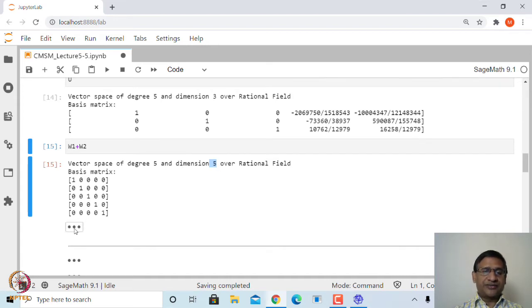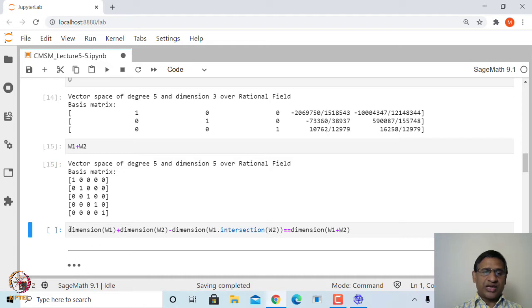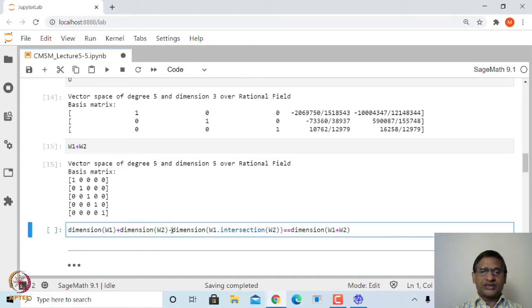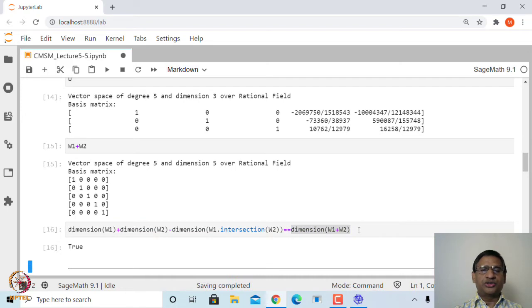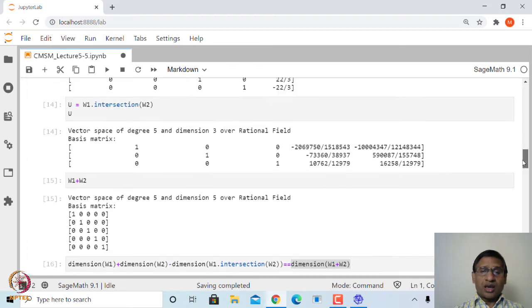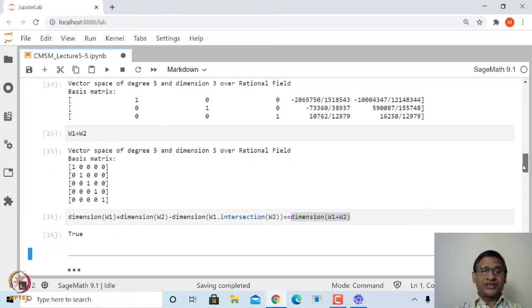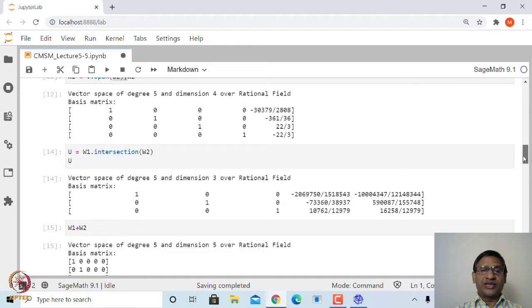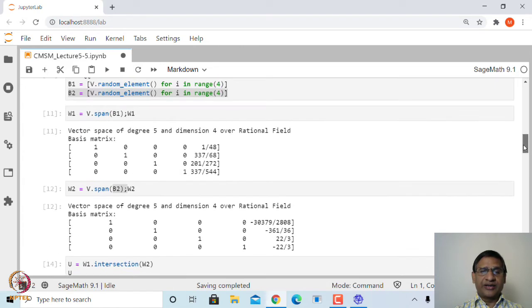And then let us verify the dimension formula. So, dimension of W1 plus dimension of W2 minus dimension of W1 intersection W2, is it equal to dimension of W1 plus W2? The answer should be true. So, this is verification of the dimension formula. Of course, you can ask how this W1 plus W2 is generated, how is this W1 intersection W2 generated, right.